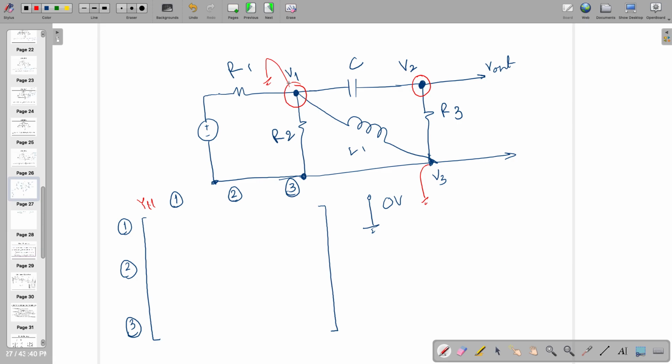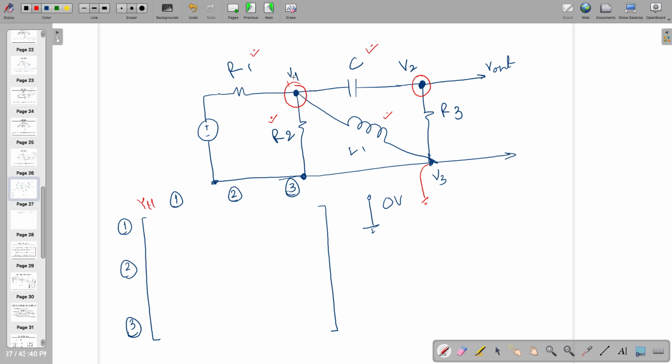Now let's do that in that case. If I am looking at V1, other nodes are 0, so you can keep 0 in your mind. Here I can see 1, 2, 3 and 4 passive components which are connected to the V1 node.